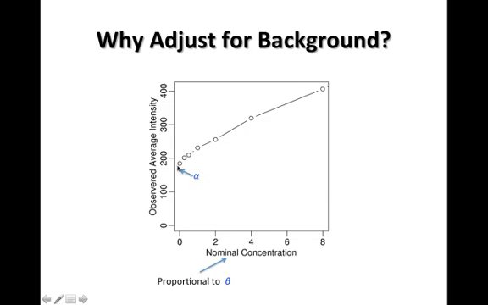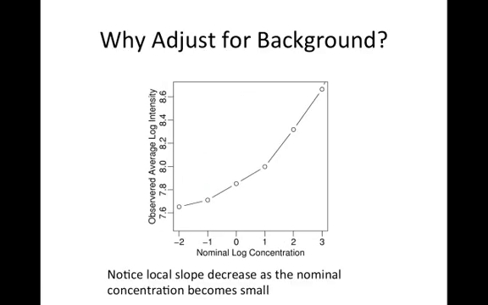That alpha is going to represent background noise, and then beta is going to be the true concentration, which here is increasing from 0 to 8. I'm going to be using this alpha and beta notation throughout. Okay, now if we look at the same plot in the log scale, it starts to show us why this is a problem.